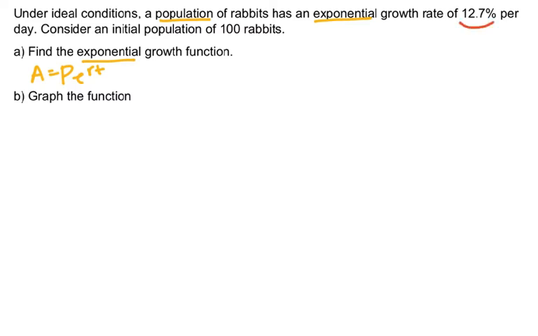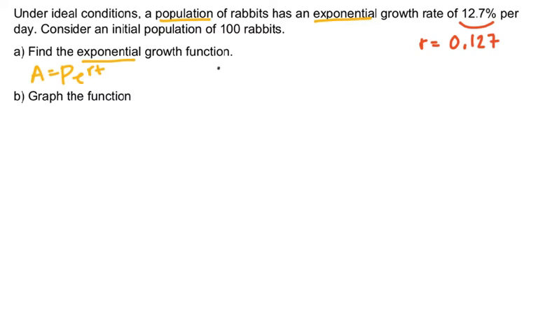My rate, 12.7%, R is 0.127. Make sure you take that percentage, even if it already has a decimal in it, and divide by 100. Percent means per 100, so divide by 100.